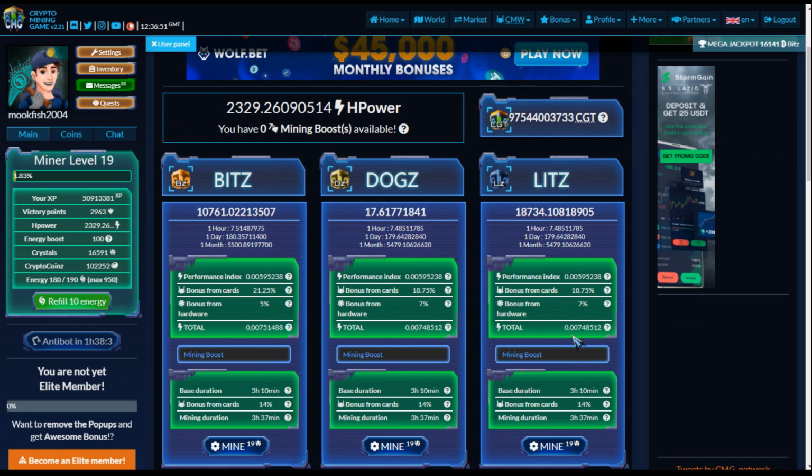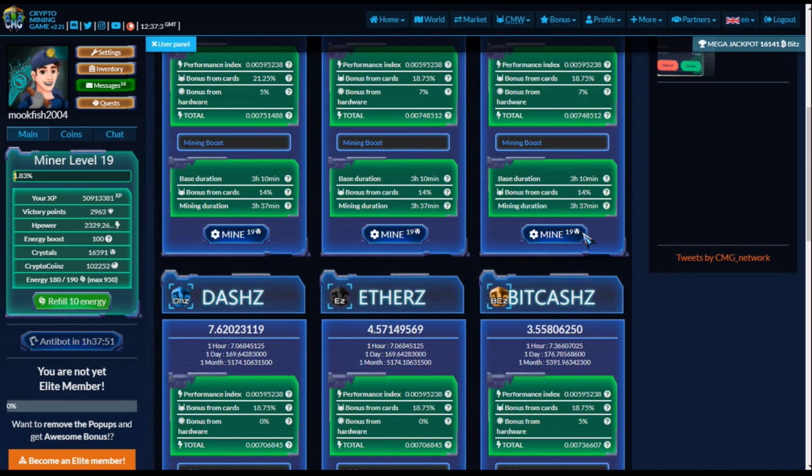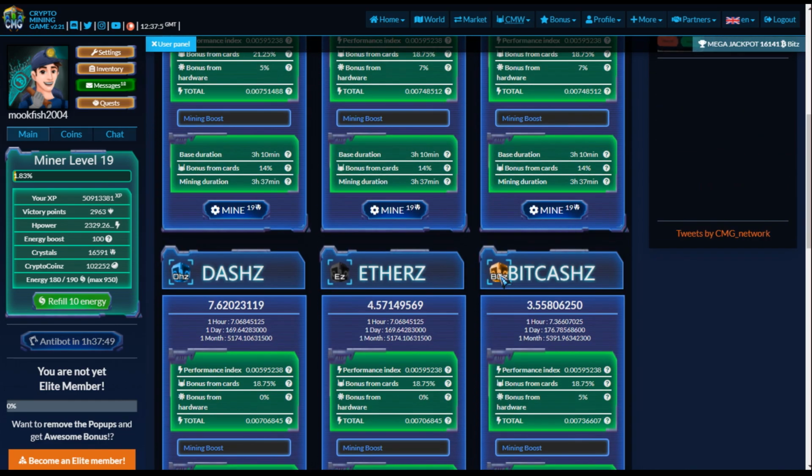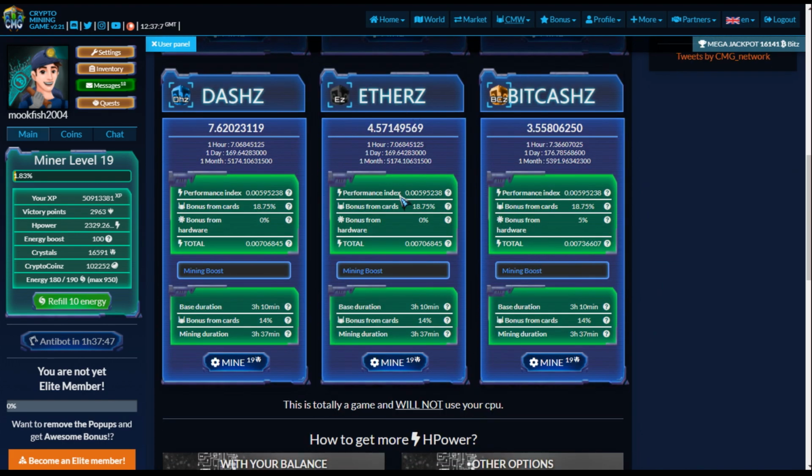So for me, I would say you want to stick to lits, and you want to stick to bits, basically because obviously they all mine at the same level. But out of all of these, also, as we know with Ethereum, the transaction fees are massively high at the moment.